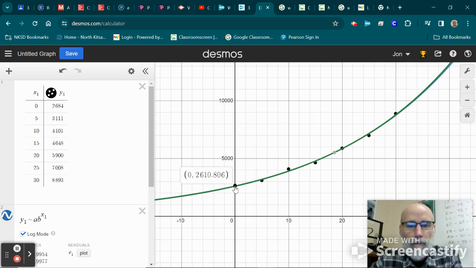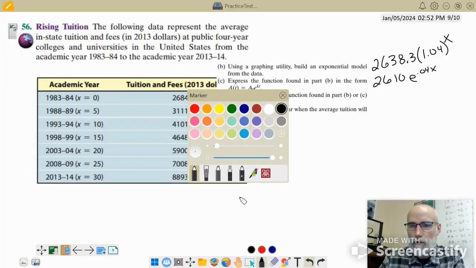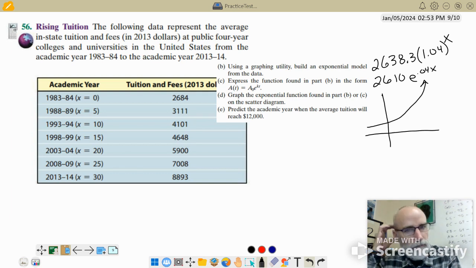Here's our initial value at time 0, 26, close to 2684. It's not exactly 2684 because it doesn't perfectly go through all these points, right? So, quick little sketch looks like any increasing exponential function, right?